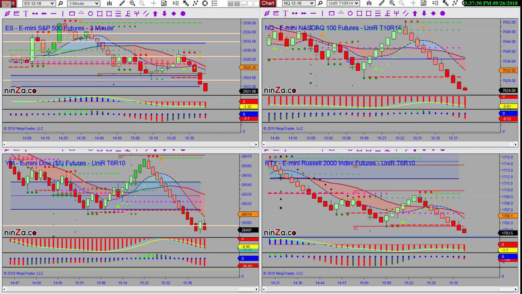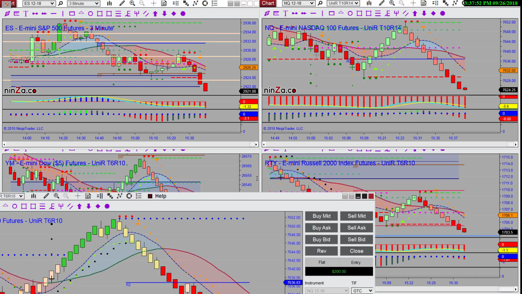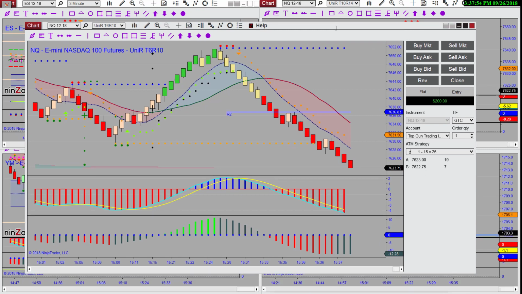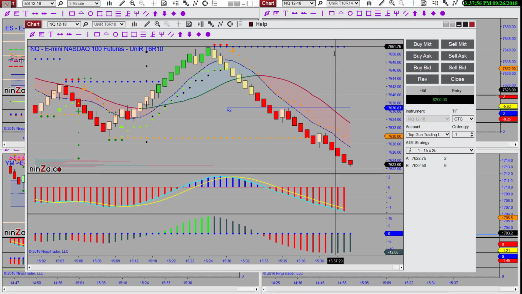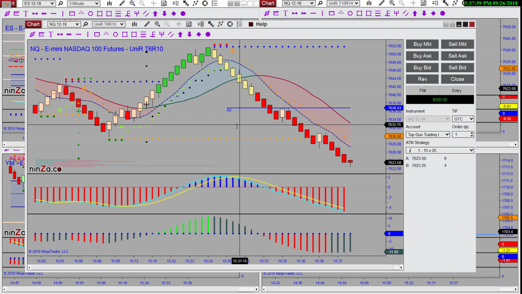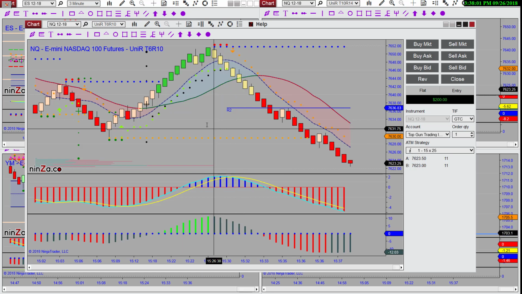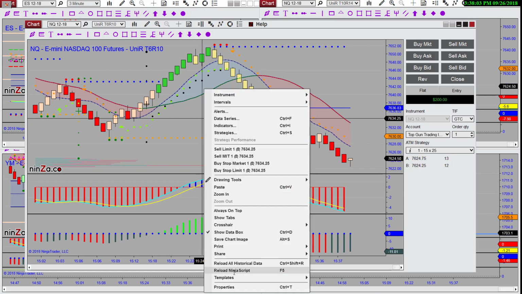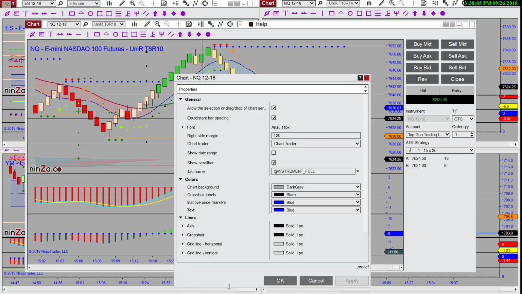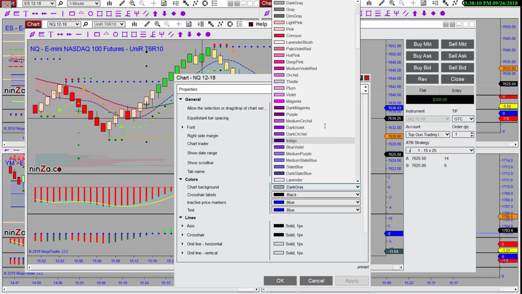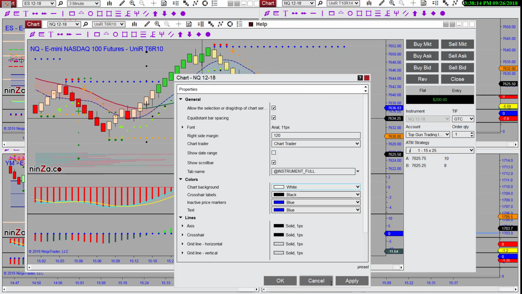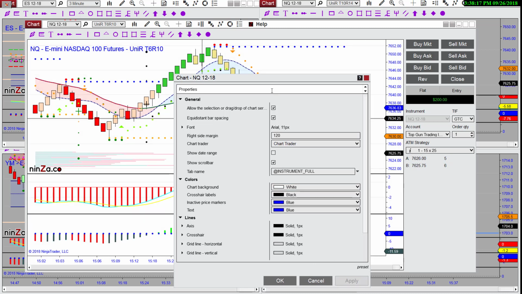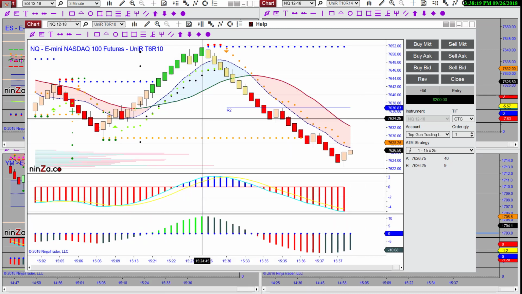Well, I have the default set, Pablo, so it has everything in there. Let me see if I can get it. The properties. Is that going to blow you away there, Pablo?